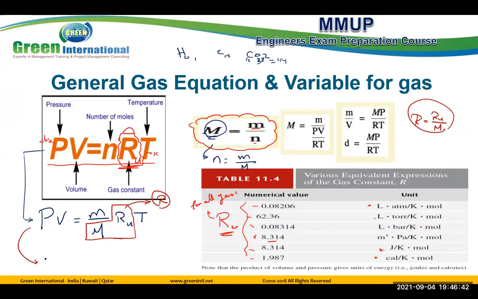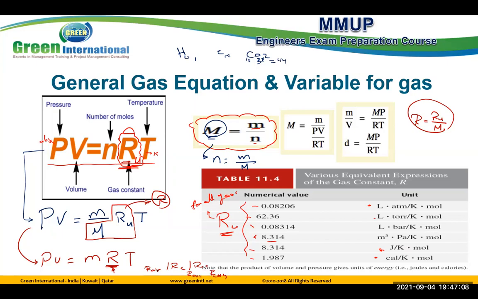So we write this equation finally, PV equal mRT. What's different? This is R for the above equation, the universal gas constant, which is one value for all gases. But R here is not. This is R for each gas. It means R for air is not the same as R for carbon, not the same as R for oxygen, not the same as R for CO2, not the same as R for CH4, and so on.